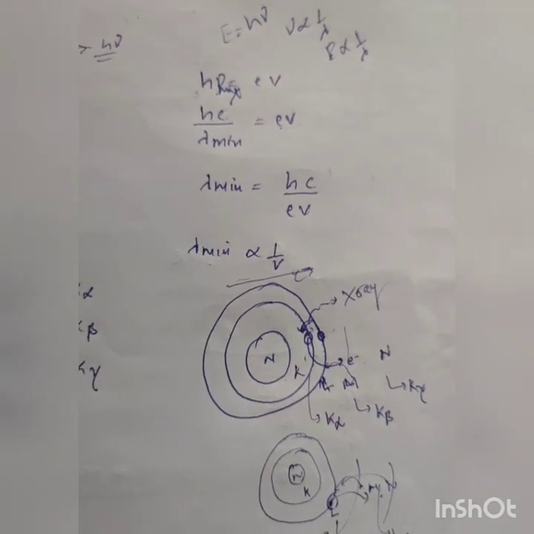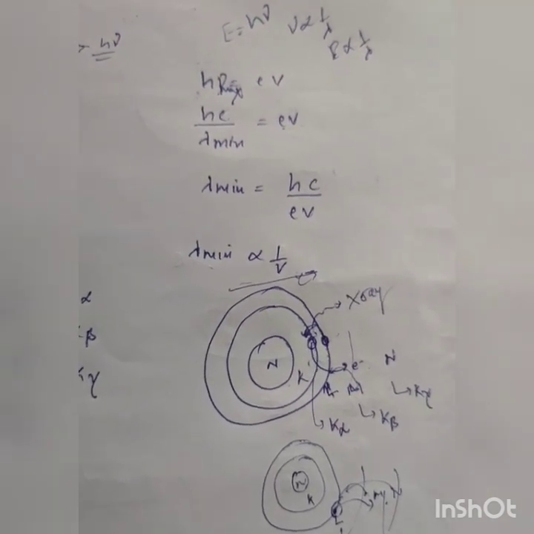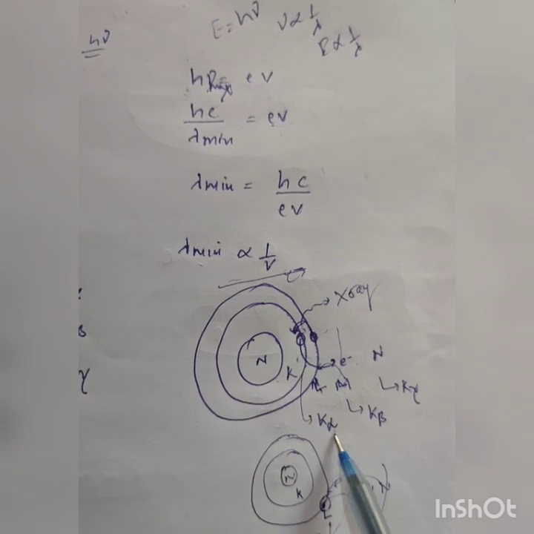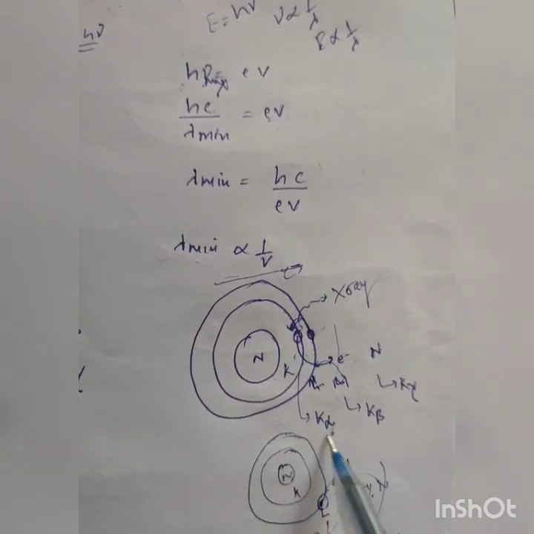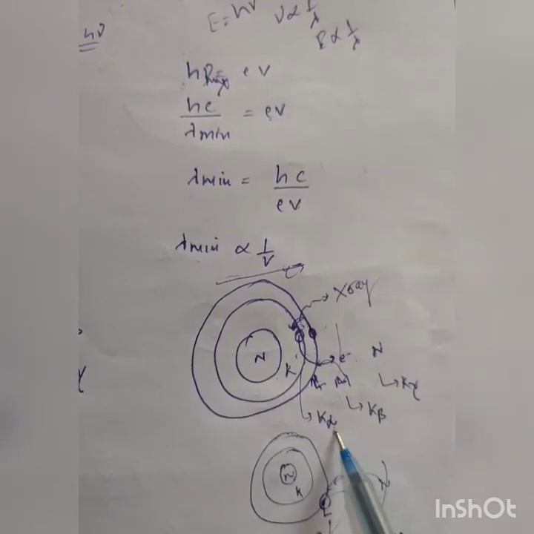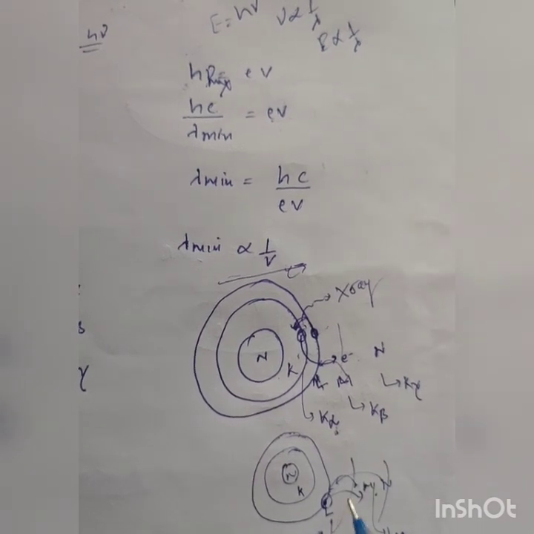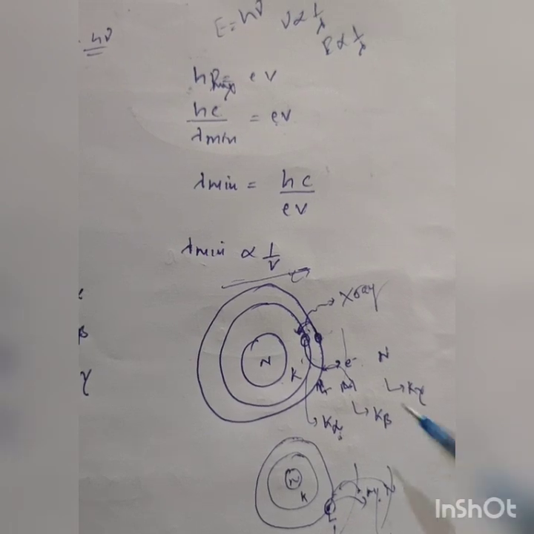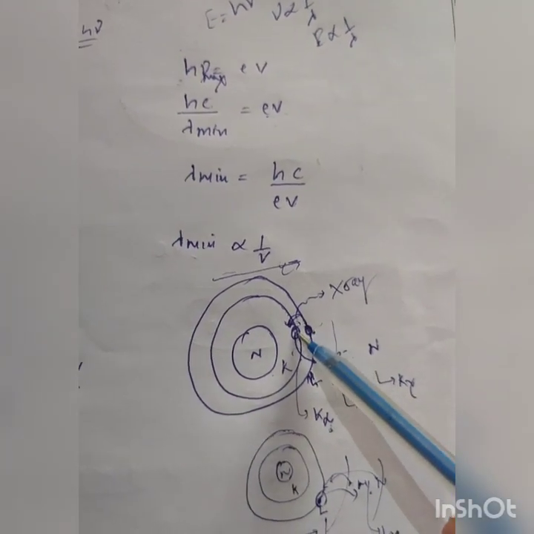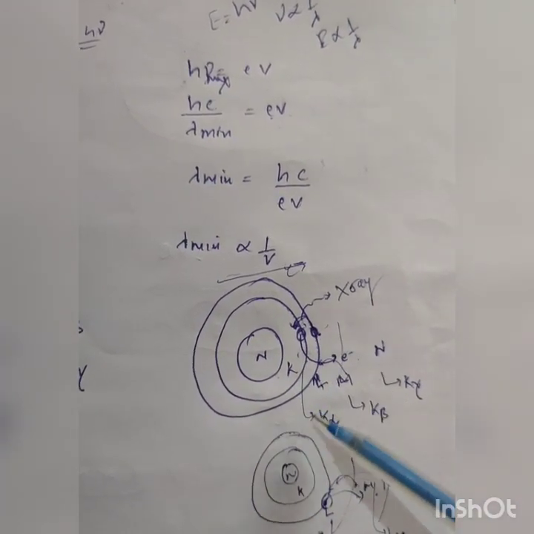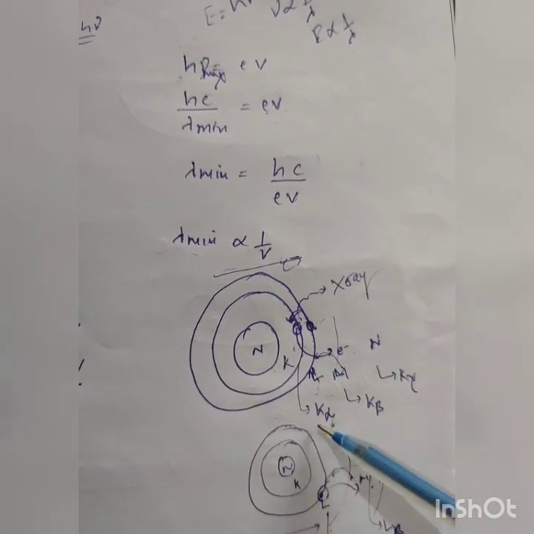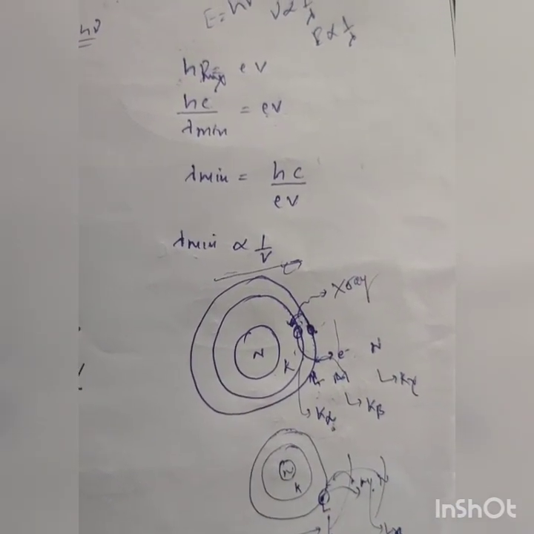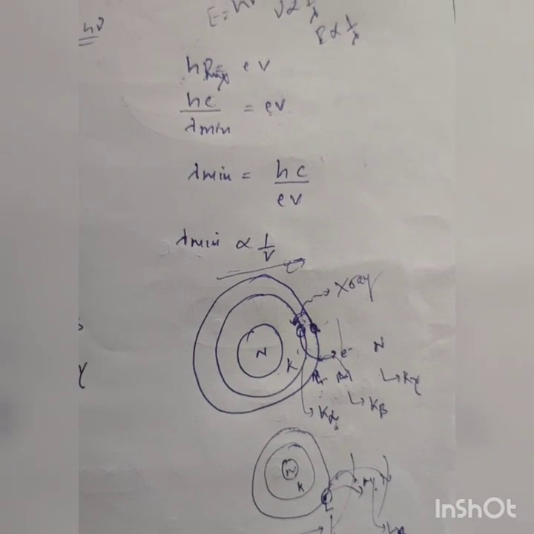It should also be noted that the intensity of K alpha lines in the K series is maximum, due to the reason that the L shell is closest to the K shell. As L is closest to the K shell, the K alpha lines have maximum intensity.